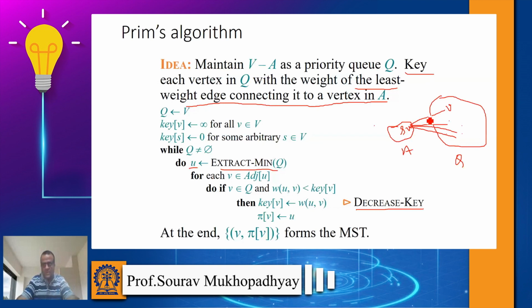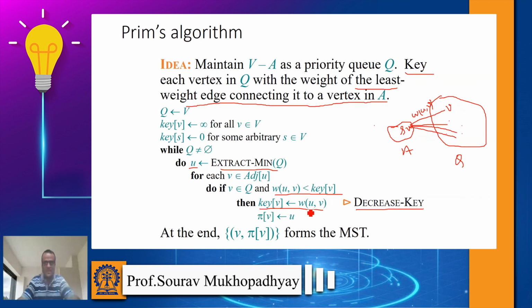Now if the weight of this edge is WUV, and it is less than what it was having earlier, I mean initialized by infinity, but slowly it is getting updated now. So if the weight of this edge is less than the key value it is having, then we replace the key value by this weight, because this is a better bridge edge.